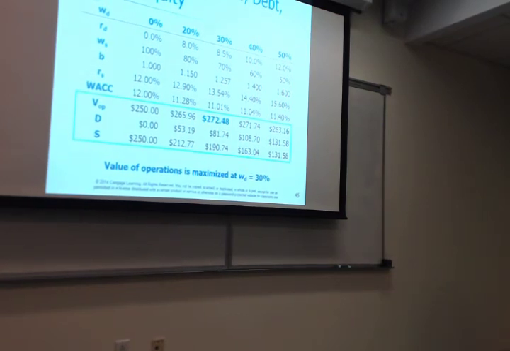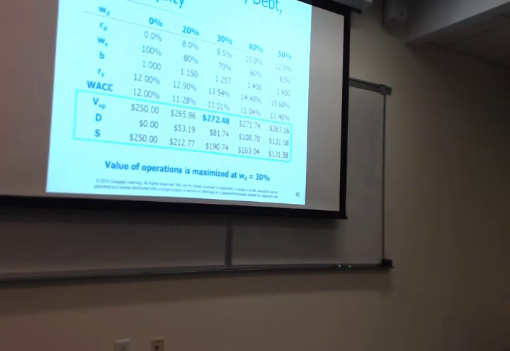There's a point which is minimized. Yes, there's a point where it minimizes. It decreases here and then increases here. Now, why does it decrease here and why does it increase here? And why is it important for you, as the financial consultants who are telling this management team how to maximize the value of their firm?